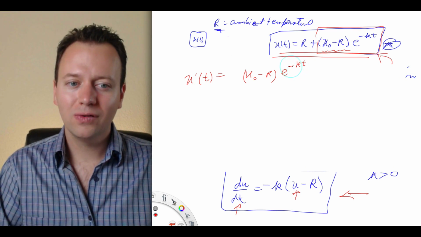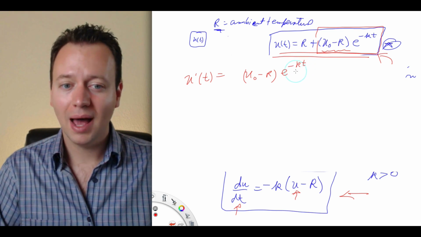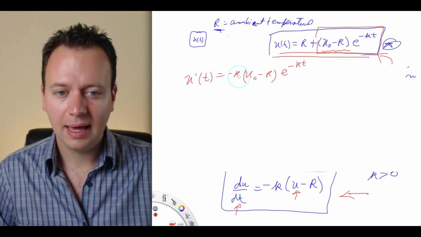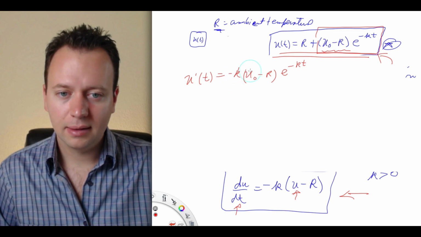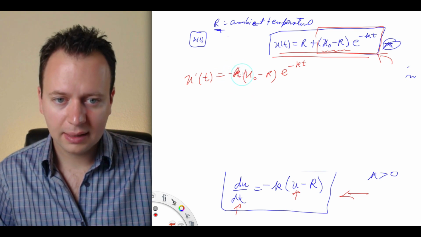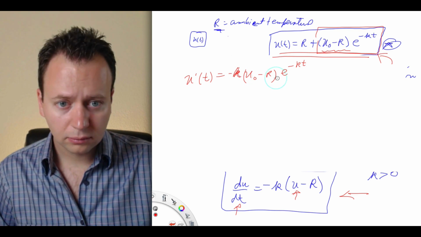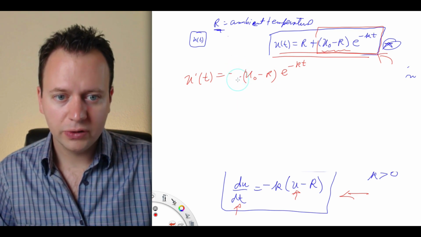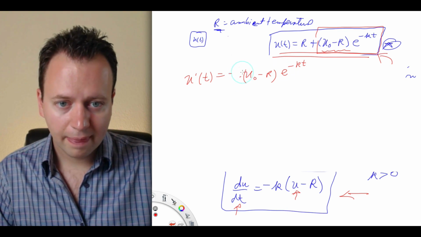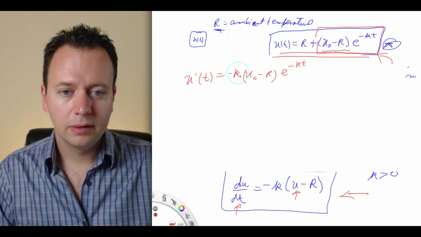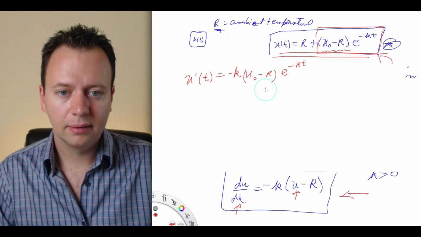The derivative of minus kt is minus k. So I'll move the minus k up front. So u prime is equal to minus k times u0 minus r times e to the minus kt.